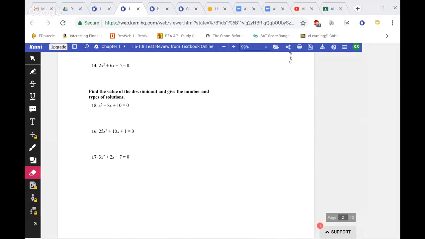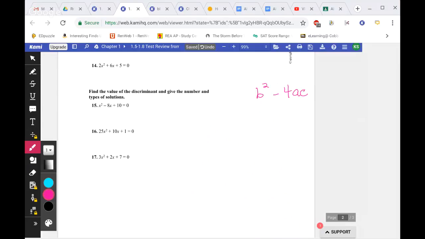So we're finding the discriminant and giving the number and types of solutions. The discriminant is that part just under the radical of the quadratic formula, b squared minus 4ac.